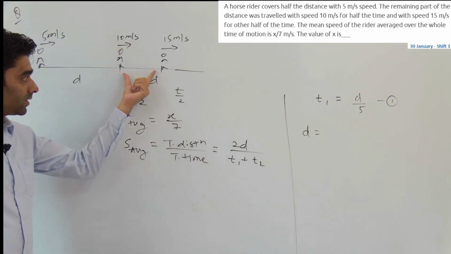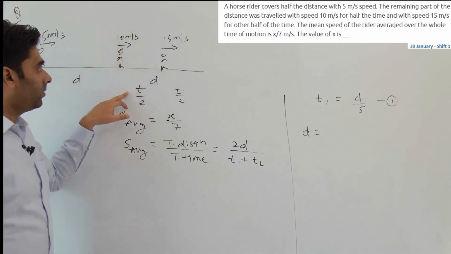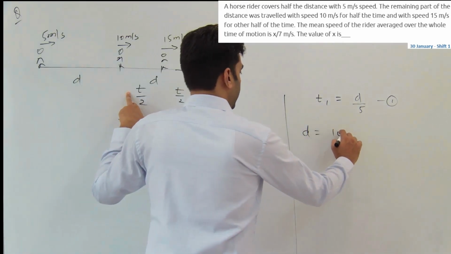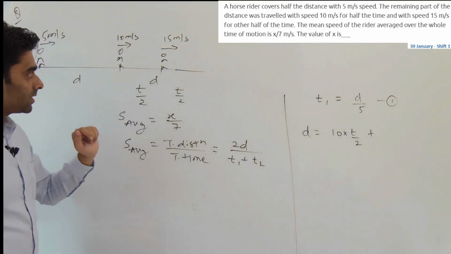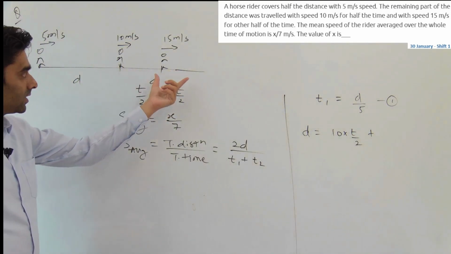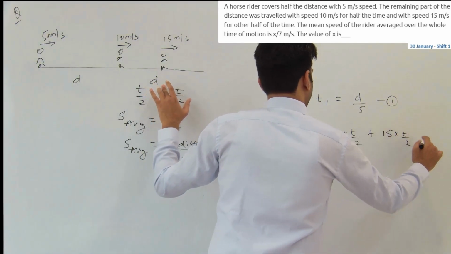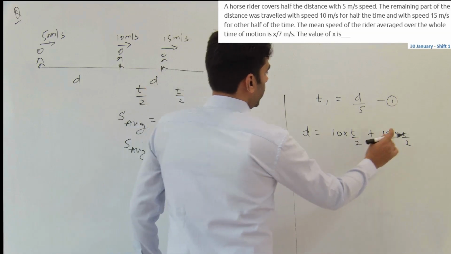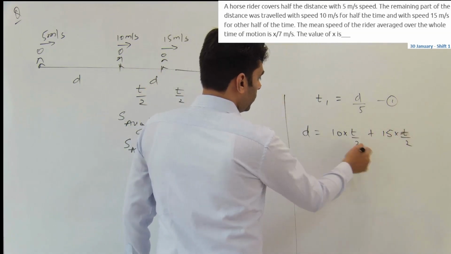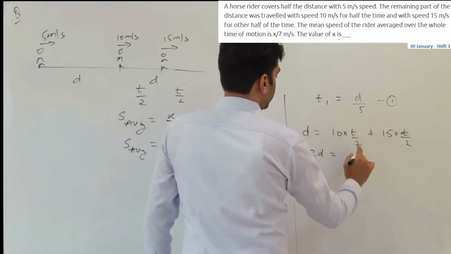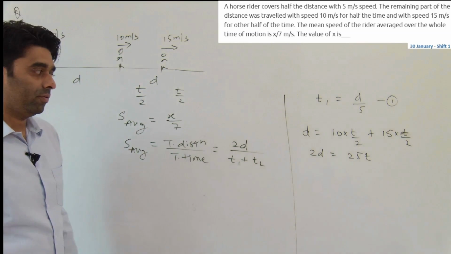So the distance traveled for half the time will be speed into time, that is 10 into T by 2, plus in the next half, the distance traveled will be again speed into time, right? So from here, what do we get? We get D equals 10T plus 15T, that is 25T. Okay, this is what we got.